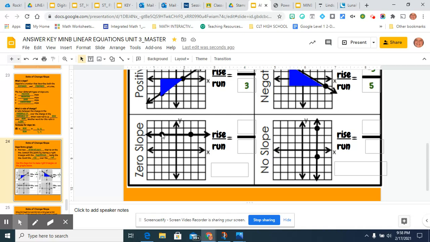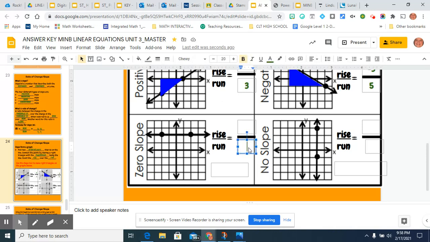So I can see that my run is 1, 2, 3, 4. So I'm going to have a run of 4. But there is no up, so my rise is 0. And I know that any 0 divided by any number is just going to be 0.